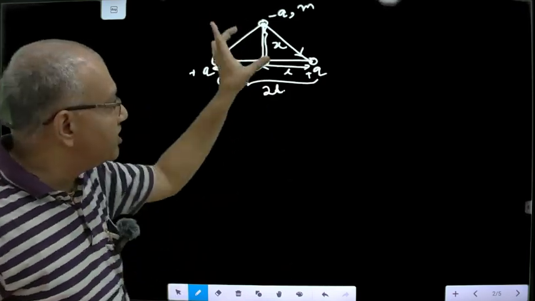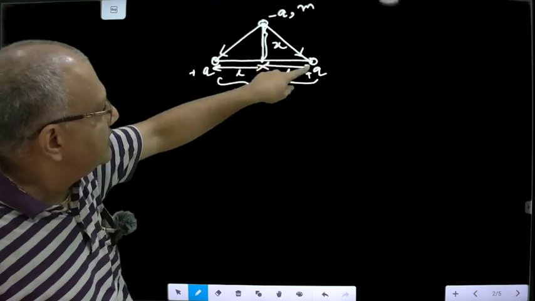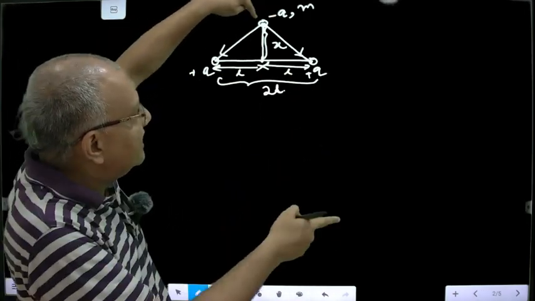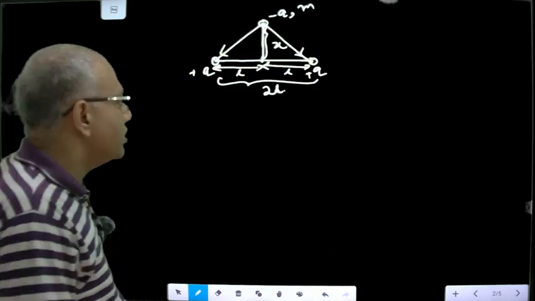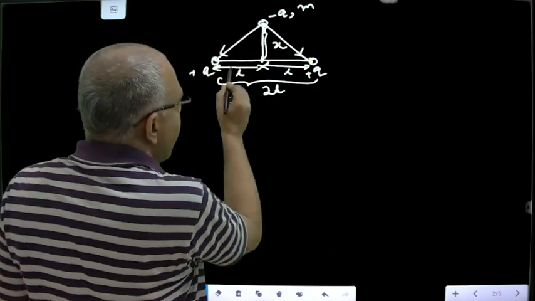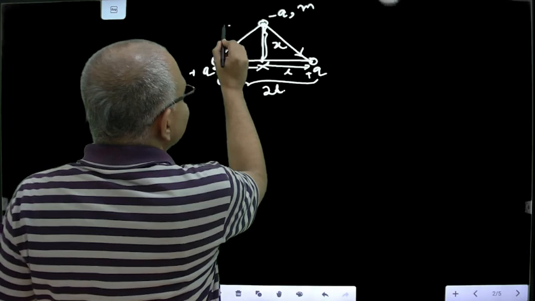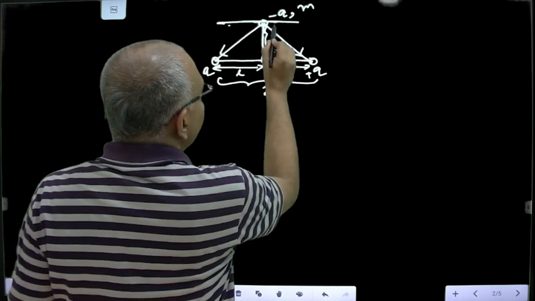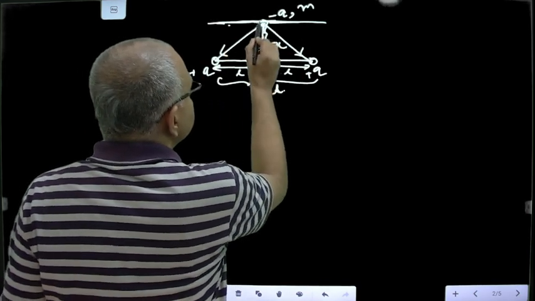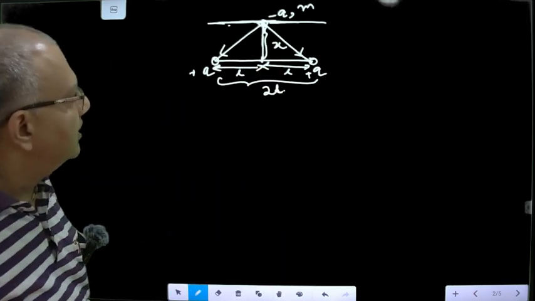It is an attractive force, not a repulsive force. If this were positive, they would repel each other, but this is negative, so it is going to get attracted. Now, this line having a length 2L, I am going to take another line parallel to the 2L.